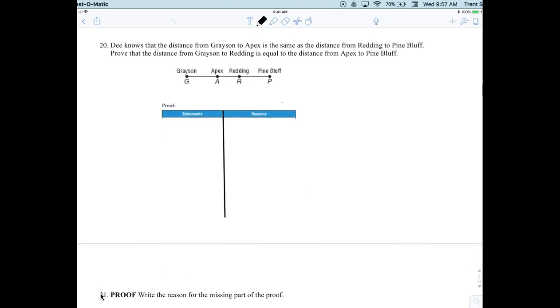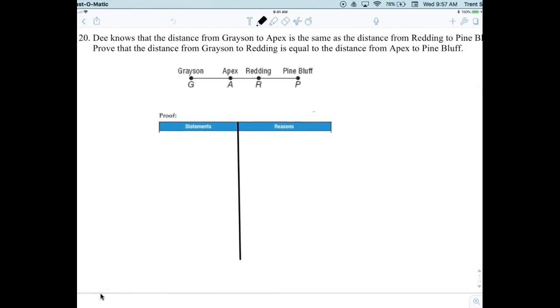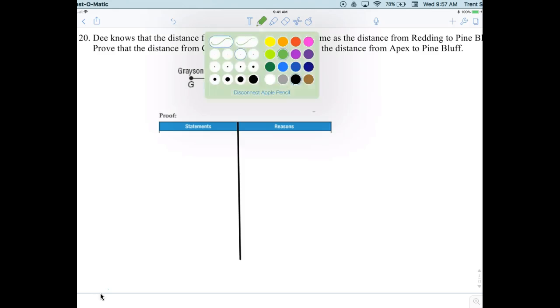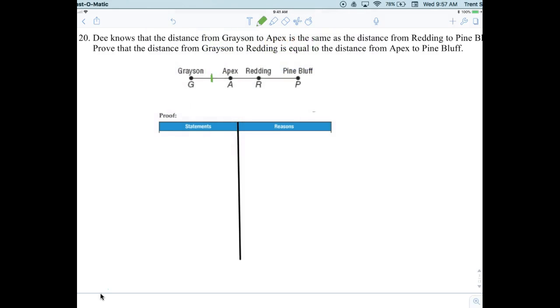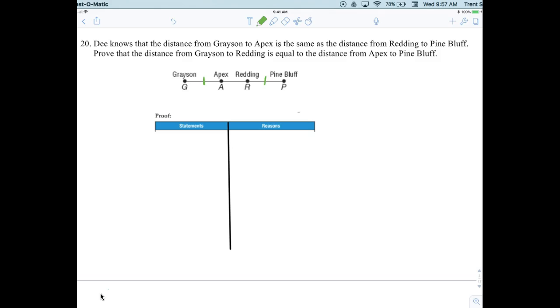Okay, now there's several ways of doing question number 20. But essentially, you're trying to show that the distance from G to A is the same as the distance from R to P. Oh wait, no, it already says that.